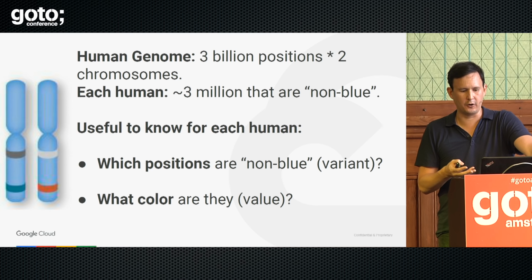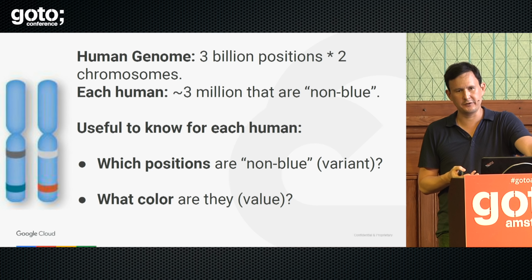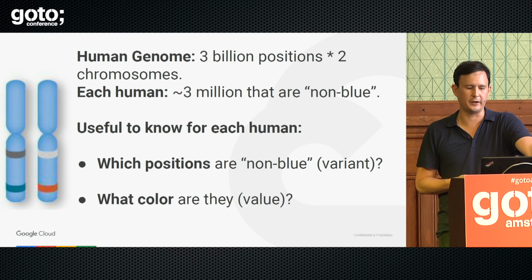So it's useful to know for any given human which of these positions are, according to this cartoon I'm showing you here, not blue or are a variant. And if they are a variant, you actually want to know what the state of them is, so that you can understand that genetic preloading leading into the environmental influence. So this is the hereditary component of phenotype.